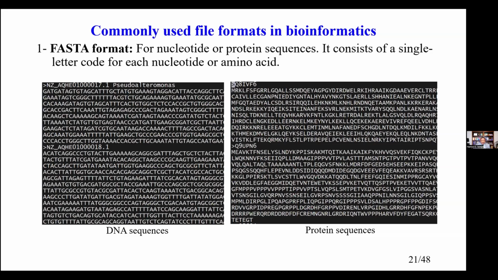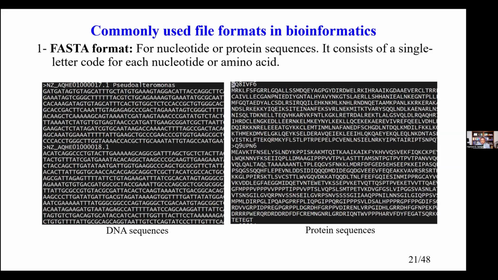The second part is the sequence. In the case of nucleotides, either DNA or RNA, it should be one of four letters: adenine, cytosine, guanine, and thymine. This is the case for DNA, and for RNA as well, because RNA will be converted into complementary DNA.